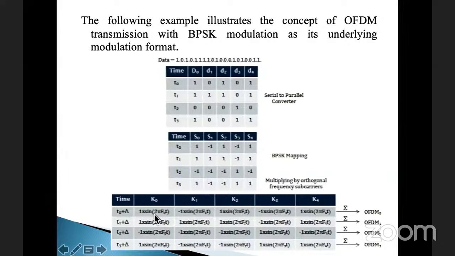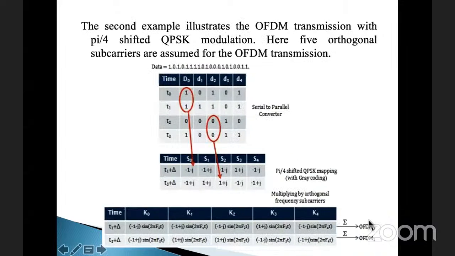These are all multiplied with different sine carriers, and we sum up all the values and send them across the OFDM modulator. At the next instant of time, 4 other signals come, and we multiply those 4 signals with the different carriers. We sum up all the values and send them over the OFDM transmitter.